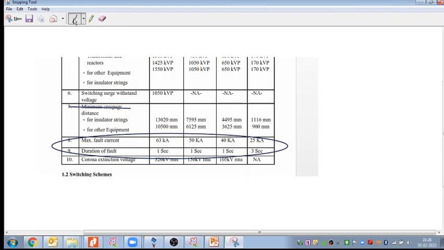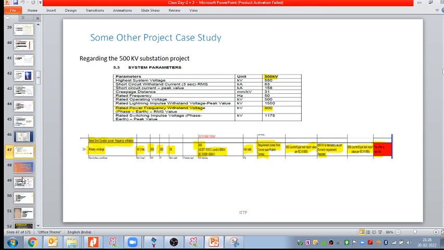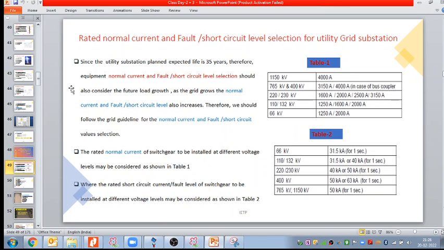When we work for any substations, I have prepared some write-up also. Rated normal current and fault or short circuit current level selection for utility grid substations. Since the utility substation plant expected life is 35 years, therefore equipment normal current, and here we are discussing two parameters, not only the fault current but the normal current also.